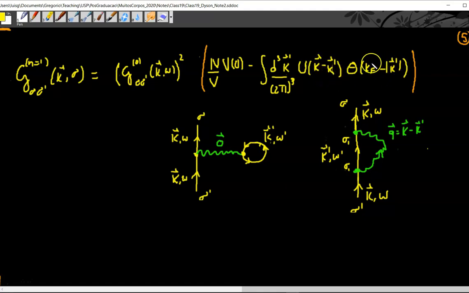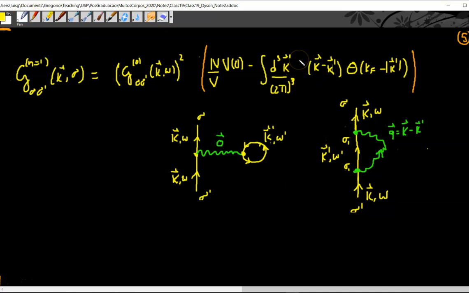Of course, this k prime is limited to the Fermi sphere, but k is precisely this parameter. So this is a difference between k and k prime, and this difference can be small. And actually this is a V.